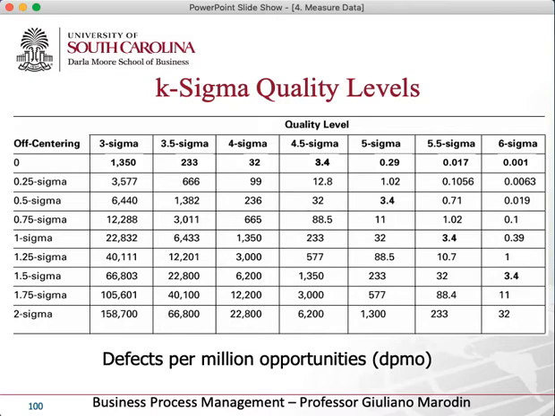So what does that mean in practice? It means that, okay, let's say that we have a process, and it is a 4.5 sigma level process, right? So a 4.5 sigma level process should generate 3.4 defects per million opportunity, and that's the scale that the Six Sigma uses, defects per million opportunity.